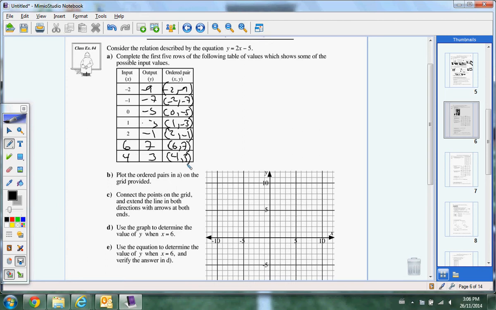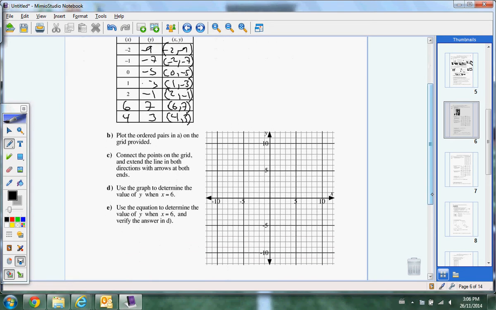So then plot the ordered pairs. So now we're just going to plot these ordered pairs onto our graph. So we have negative 2, negative 9 down here. Oh, I wrote that wrong. This is on the wrong side. Negative 2, negative 9. Right there.